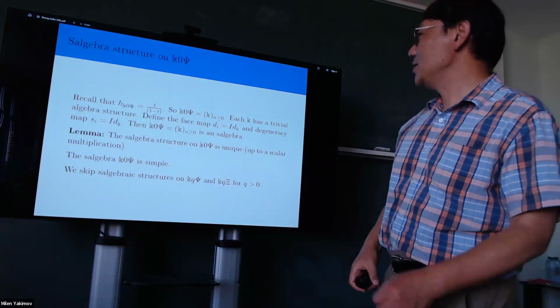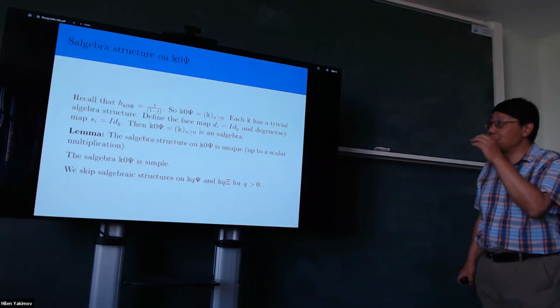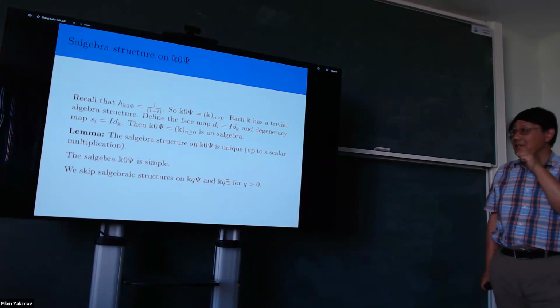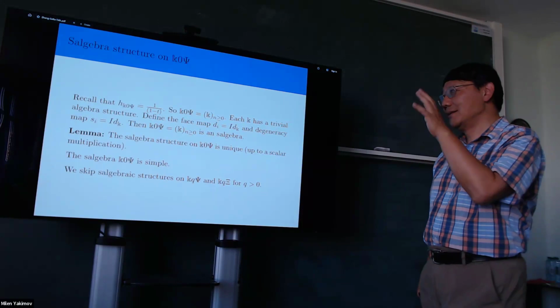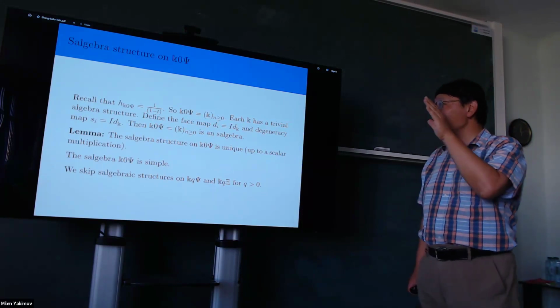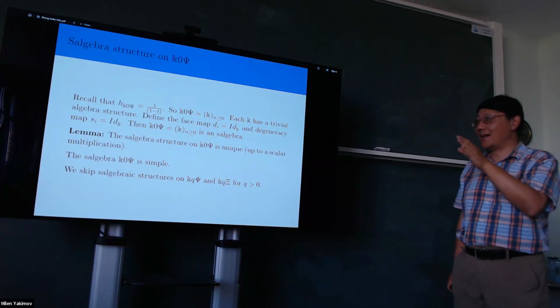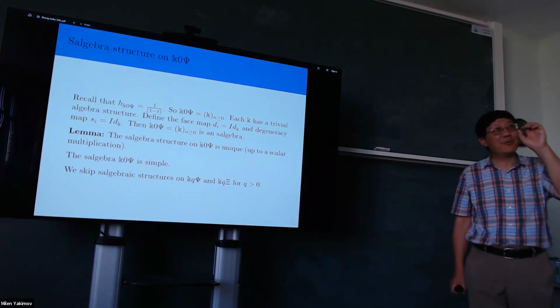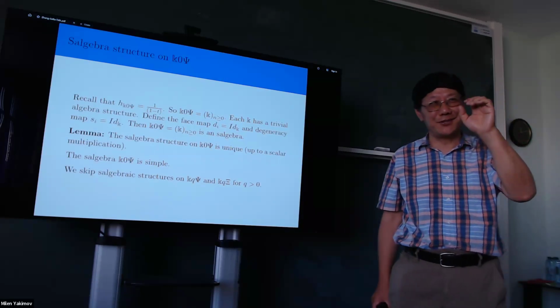Okay. So let me explain to you the algebra structure on these two special simplicial vector spaces. The first one, as I said, we don't need to worry about Hilbert series. Just telling you that K0 phi means that each level is just K. But we know what the algebra structure on K is.